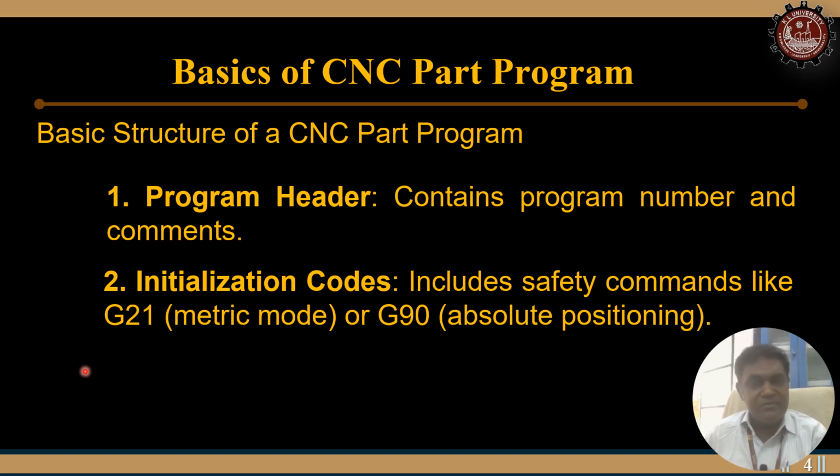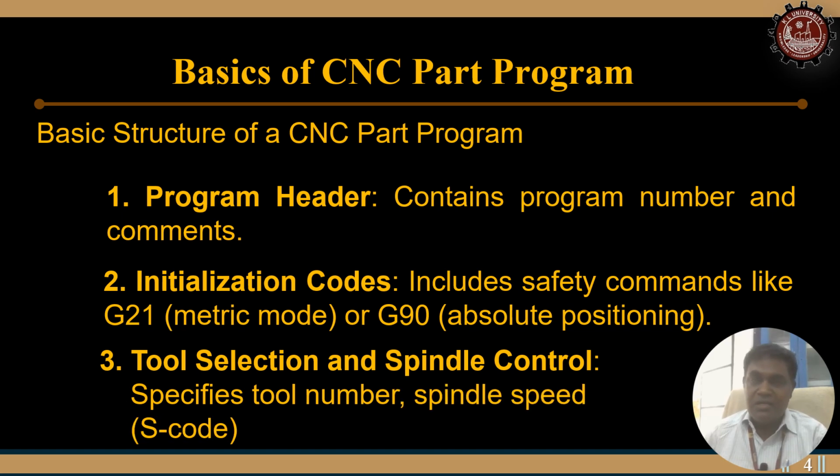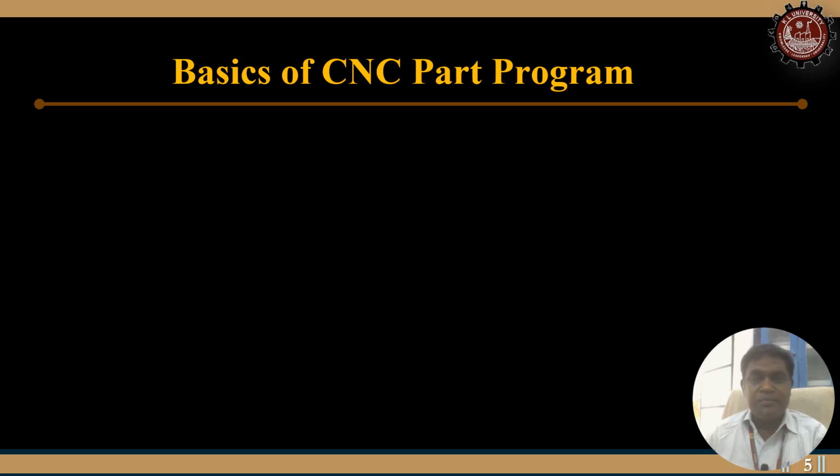For relative mode you give G91, and for absolute mode you give G90. Similarly, for the type of units, G21 is metric units. This is the initialization of the codes. And then tool selection and spindle control specifies tool numbers, spindle speed, that is the S code, and tool movement.